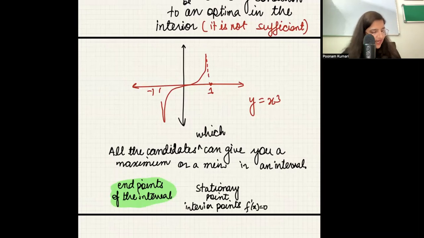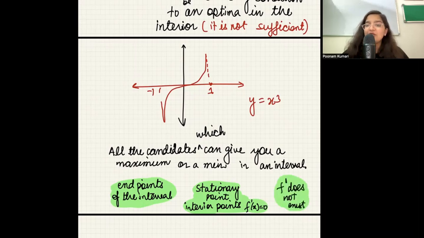So either वो इस कैटेगरी में फॉल करते हैं, या फिर जो तीसरी कैटेगरी है वो क्या है, वो सारे पॉइंट्स जहां पे f prime does not exist. So these are basically three categories of candidates who can fight the race to be a maxima or a minima, right?